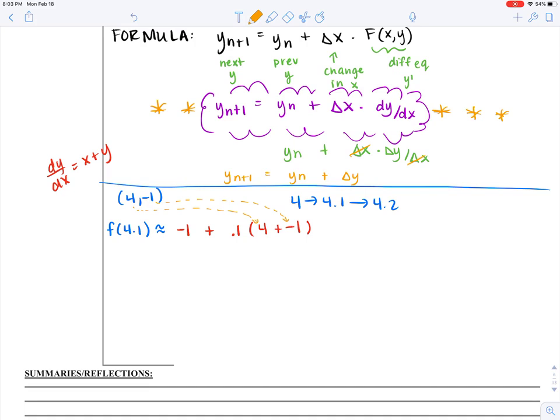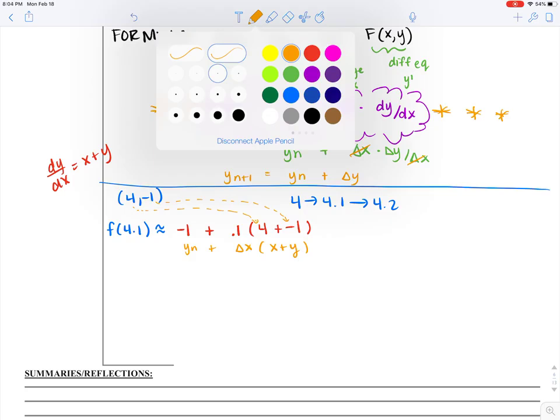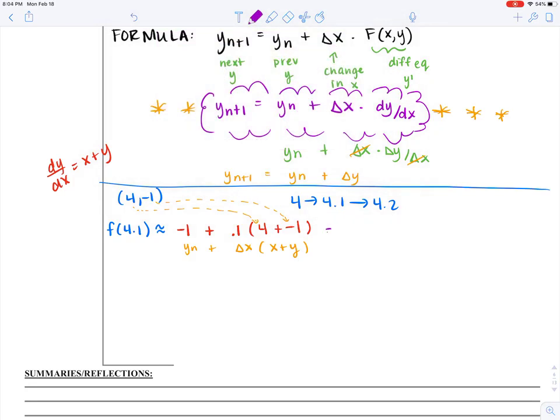So previous y value, my delta x, and then x plus y, which was the differential equation, okay? And so what I get is -1 plus 0.1 times 4 minus 1 should give me a value of about -0.7. So what this means is f of 4.1 is approximately -0.7.